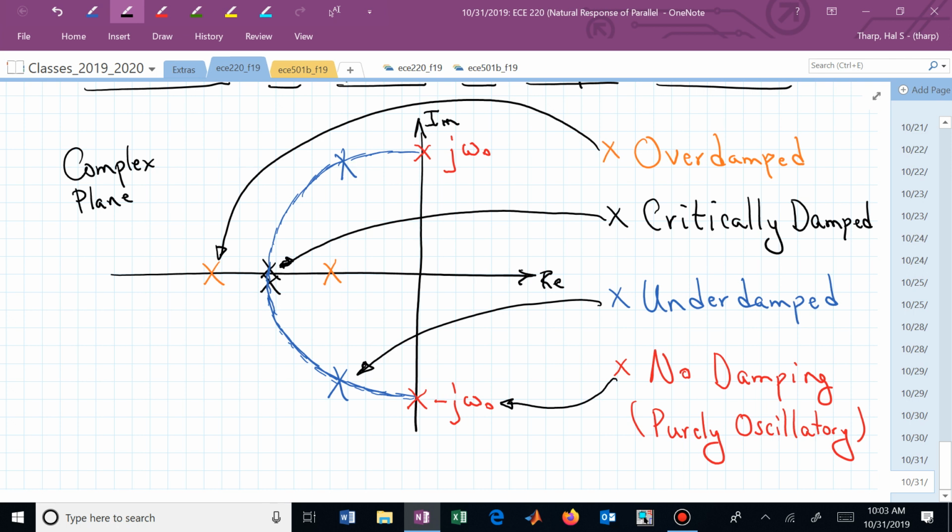A picture to help you keep track of these frequencies. Resonant frequency, which one is that? Give me a color. It's red. Yes?